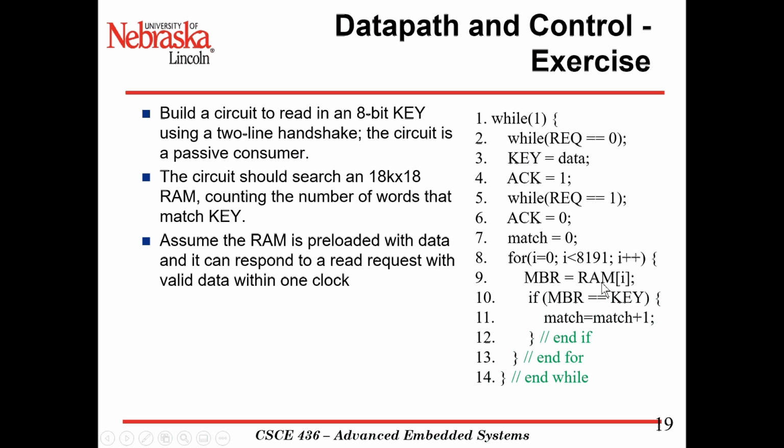We're going to read those values of RAM and see if the key matches our value in our register. And if they do, then we'll increment match plus 1. And that's about it.